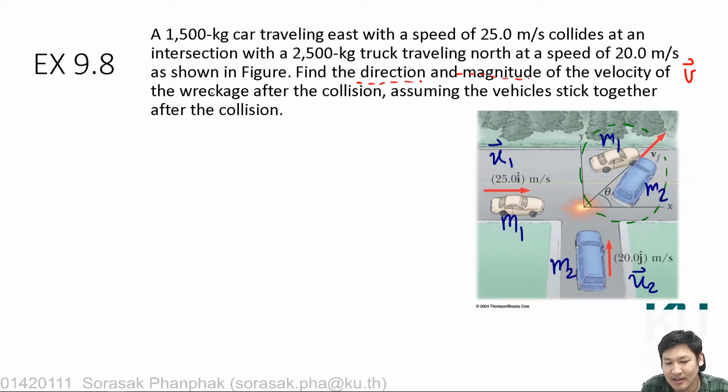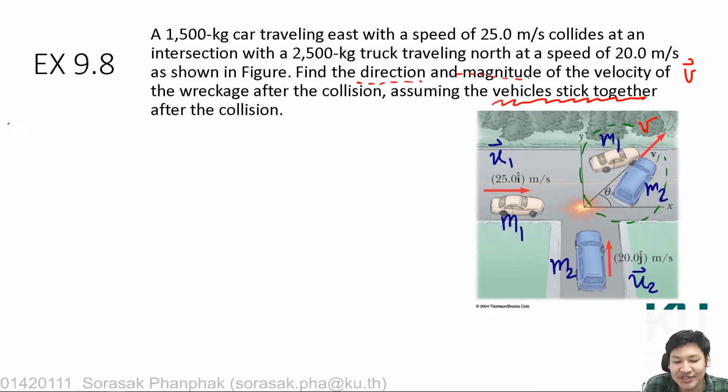It's like wreckage. We assume the vehicles stick together. So m1 and m2 have the same terminal velocity, which is v.